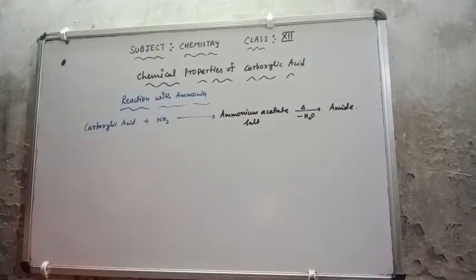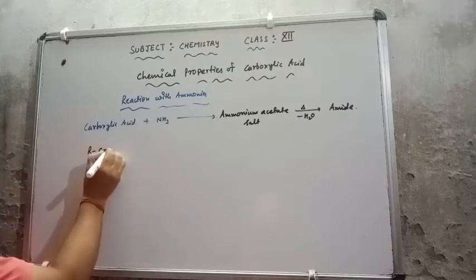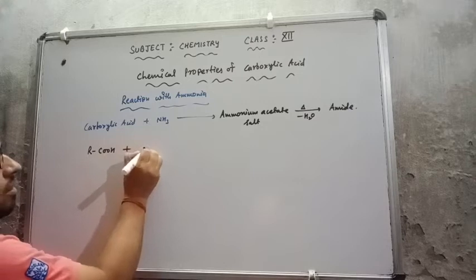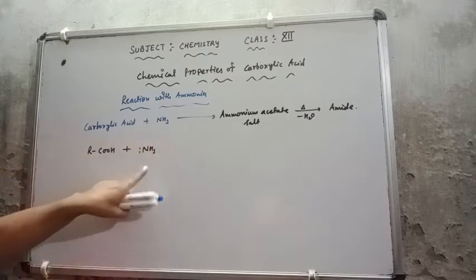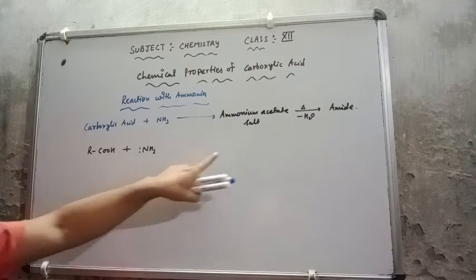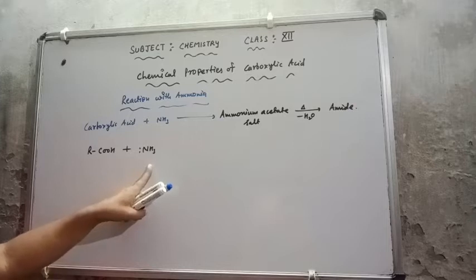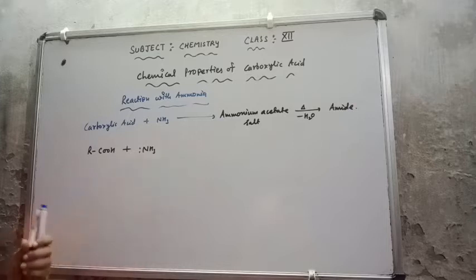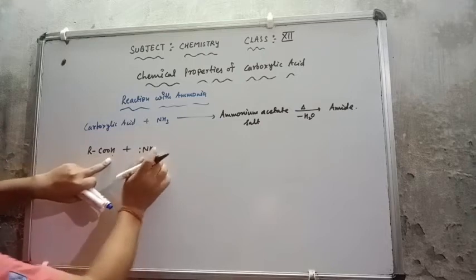So if I go with the reaction, this will be RCOOH, a carboxylic acid. Ammonia is NH3. It has one lone pair. This is an acid and this is a base. So simply we get a salt. The H and this NH3 will react to give us NH4.